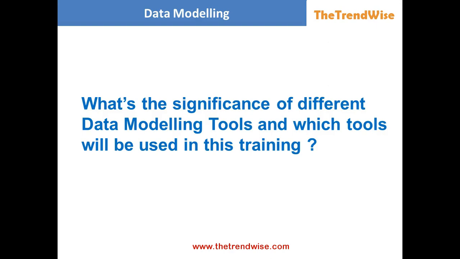A data modeler, when given a set of requirements, should be able to translate that into a data model, even on a piece of pen and paper. The tool only facilitates us and makes it easy to understand a diagram. Every tool has the same features of making the boxes, the relationships between them, defining the attributes, converting from one model to the other, finally generating the SQL scripts and whatnot.